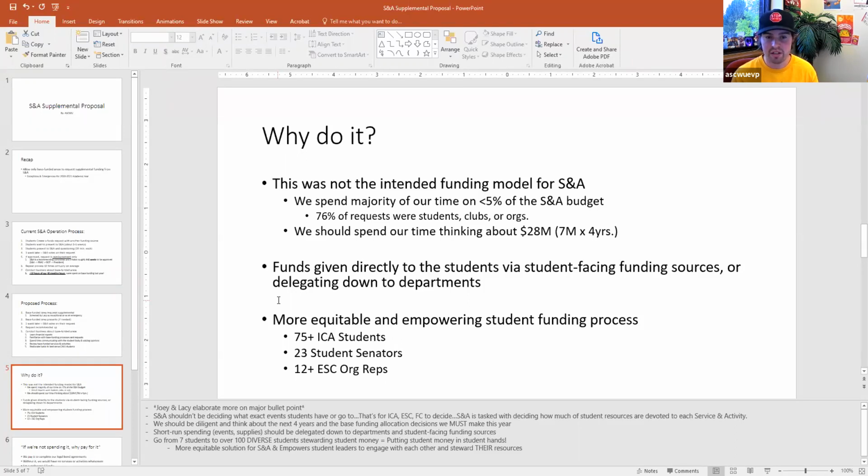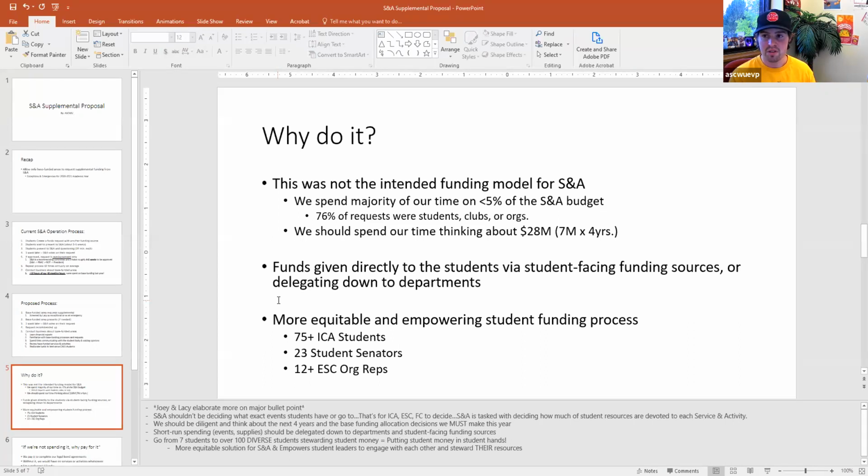The short-run spending, like I was talking about, less than 5%, or really just these small events, conferences, whatever, should be delegated down to the departments, like Joey was saying, and to our students to make those decisions. That's what the next bullet point was: we give it to them, and we really work to support those departments that are there to help our students.